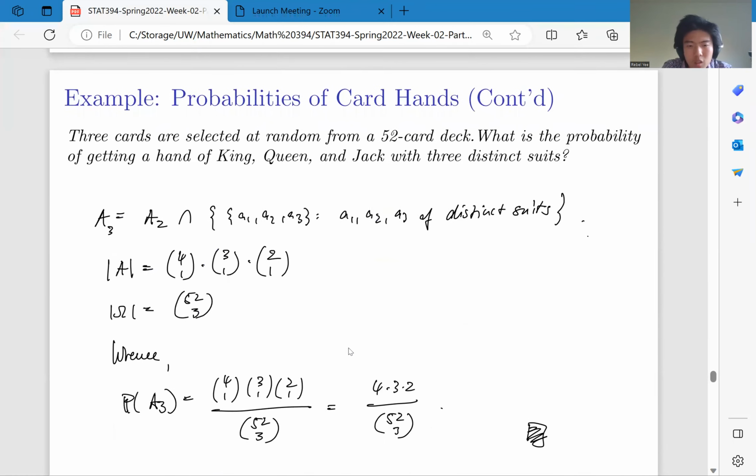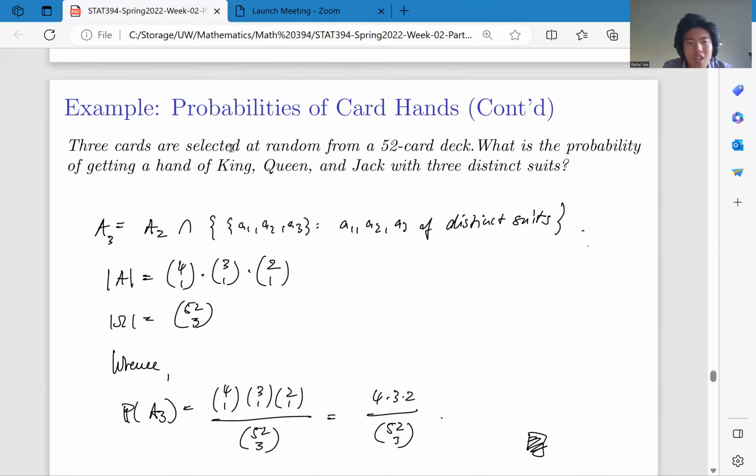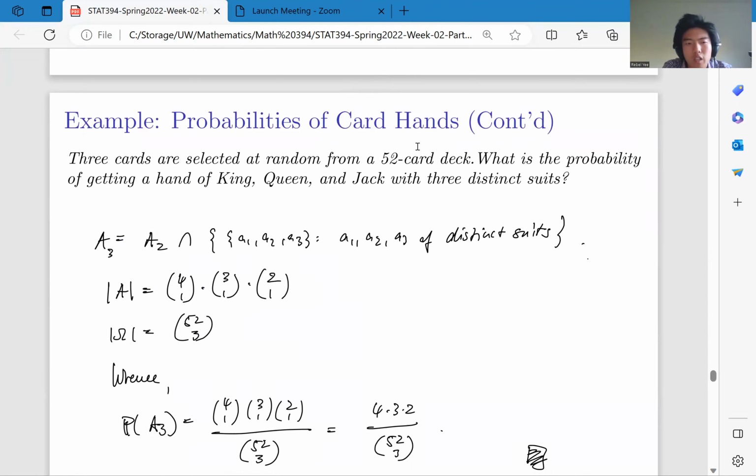Let's also see another example. 3 cards are selected at random from a 52 card deck, what is the probability of getting a hand of king, queen, and jack with 3 distinct suits? In this case, it becomes more complex because previously we said we can get a hand of king, queen, and jack, and that's all. But what does with 3 distinct suits mean?